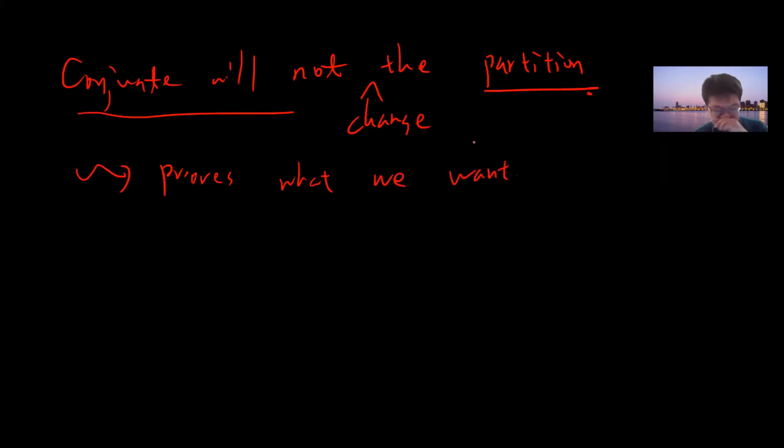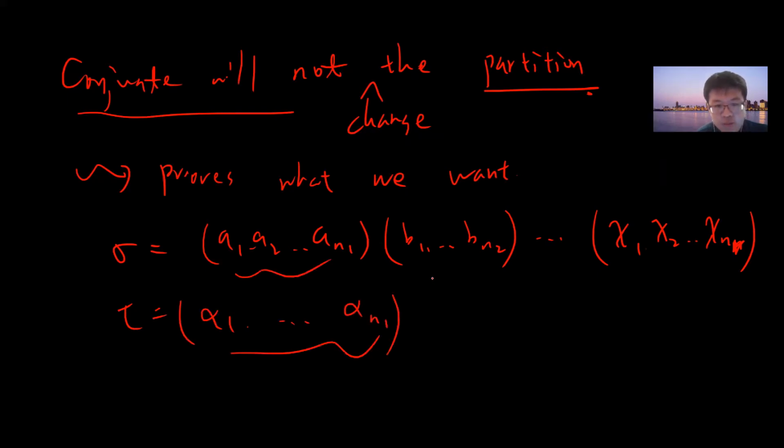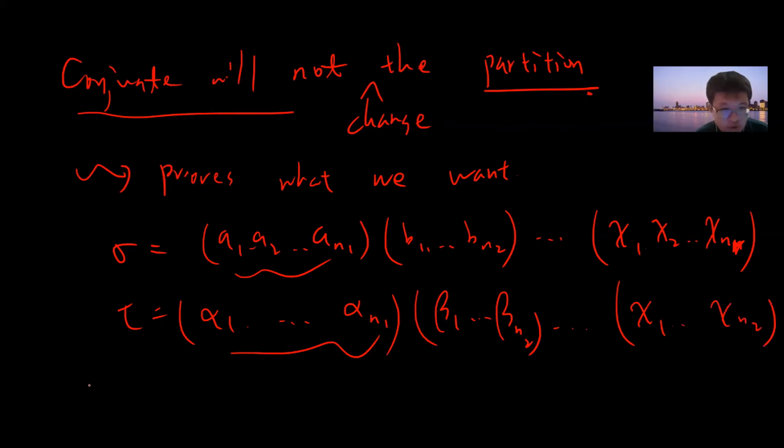Let me rephrase it carefully. Suppose your sigma is A1, A2 up to A_n1, and B1 up to B_n2, and also up to X1, X2, up to X_nr. Suppose this is your sigma, and your tau is alpha 1 up to alpha n1, the same partition, so beta 1 up to beta n2, and also chi 1 up to chi nr.